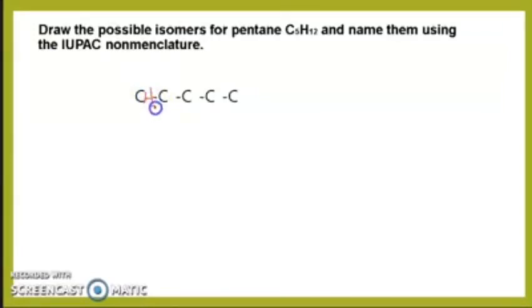As we know, the first one has to connect with 3 more, the second one with 2, in the middle we have 2 hydrogens, and at the end we have 3. Now if we were to name this, the name would be pentane or normal pentane. Normal pentane has a boiling point of 36 degrees Celsius.